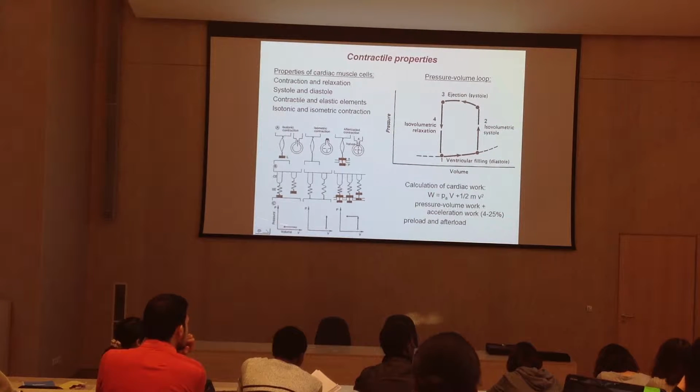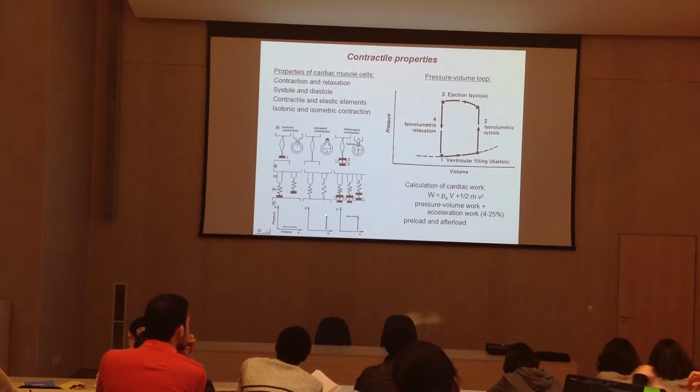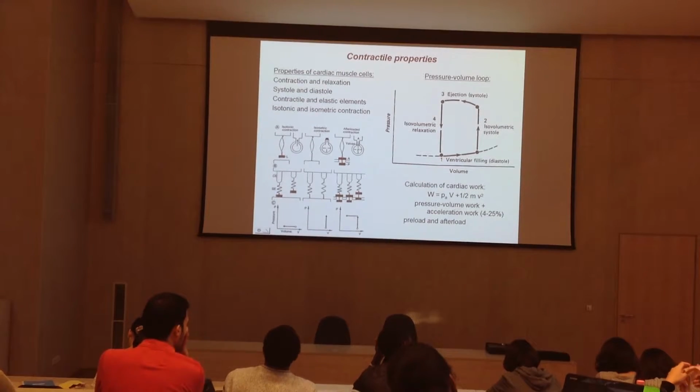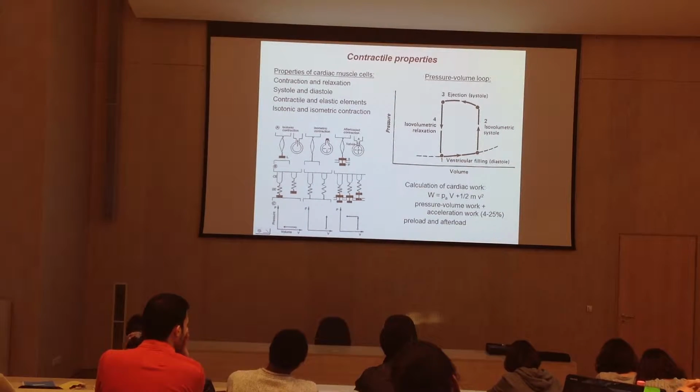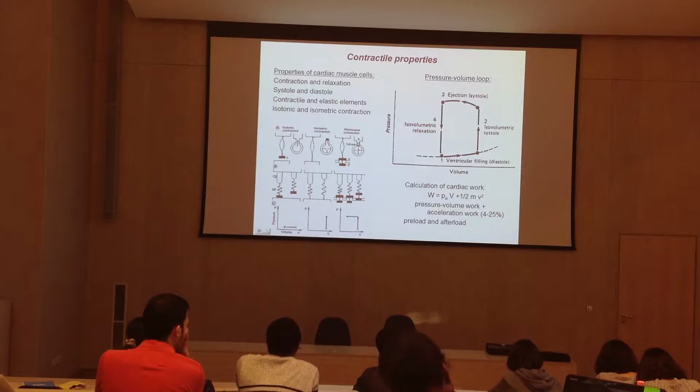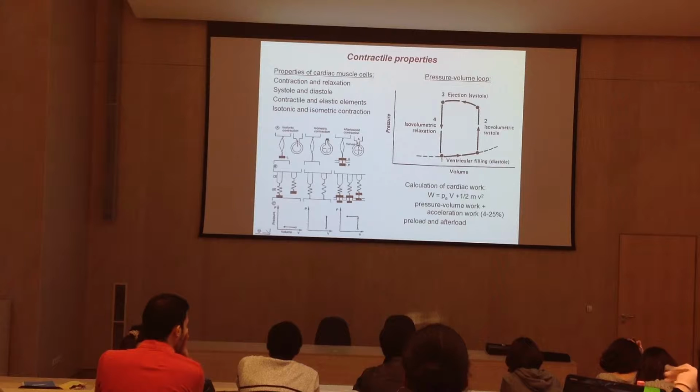Okay, this is the diagram. We are here, and due to the isometric contraction, the intraventricular pressure is higher and higher, but there is no change in the volume of the ventricle. This is called isometric contraction, or in other words, isovolumetric contraction, isovolumetric systole.